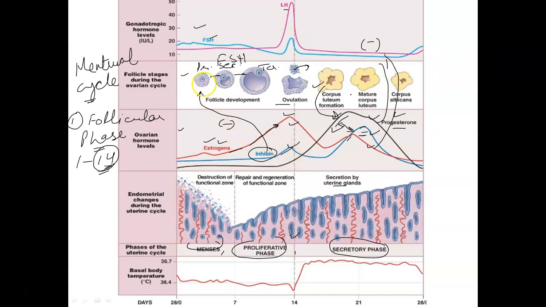Inhibin is there, which again has a negative effect on FSH, so no follicle development. In case fertilization occurs, this corpus luteum will be maintained till the placenta is developed, because this is required for the maintenance of the thick endometrium wall.